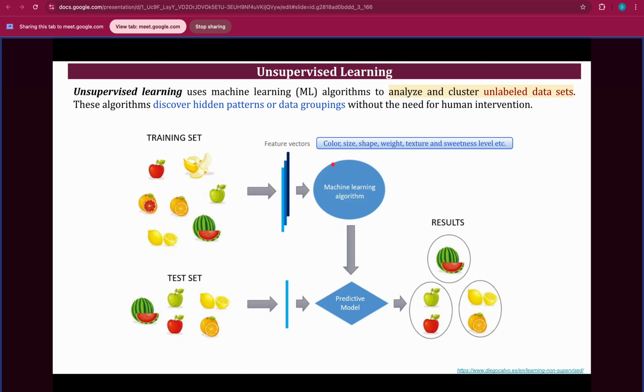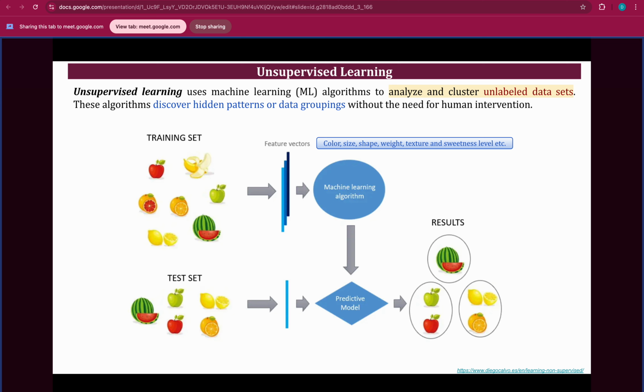Then you will use a machine learning algorithm, which is simply a stepwise procedure. It tells you, for example, that if I want to identify an apple, it can be either green or red, and its size will be some particular number of centimeters. You can see that a watermelon is large and an apple is smaller compared to a watermelon.